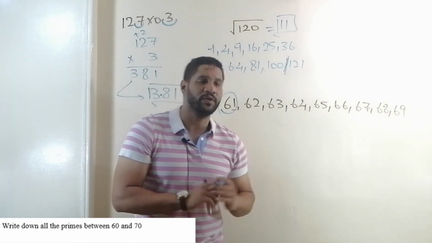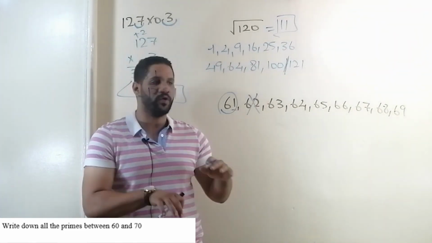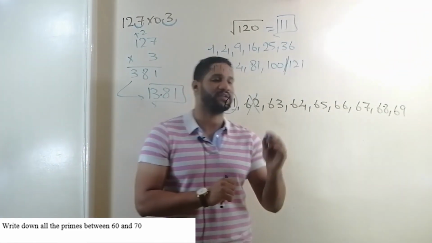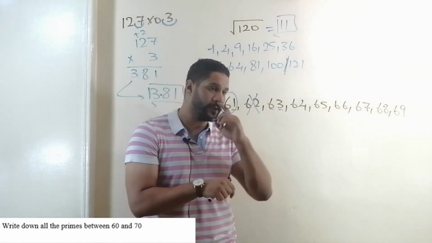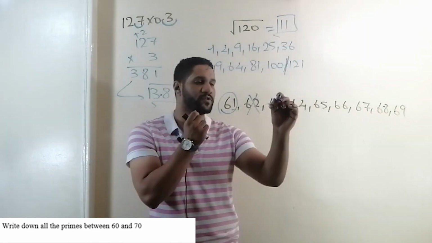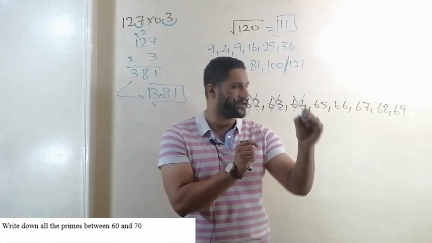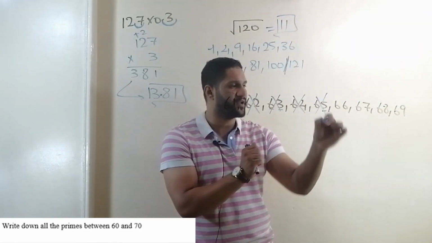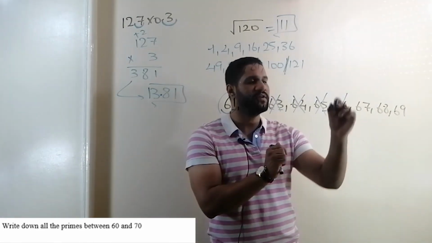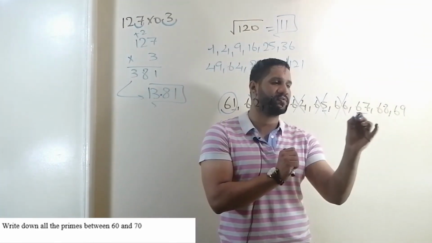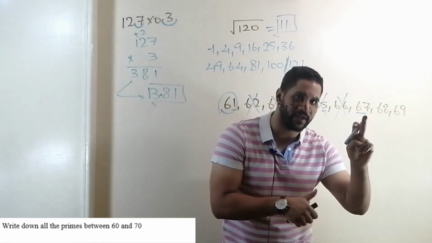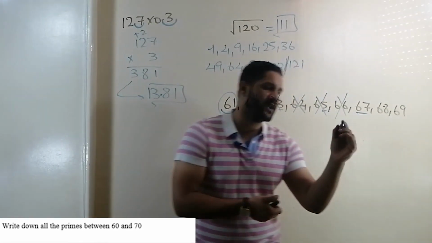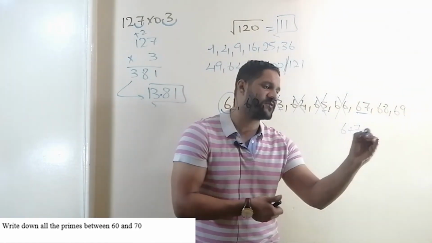If you look at 62, even numbers are not prime at all. 63 is divisible by 3: 6 plus 3 gives me 9, so it's not prime. Even numbers are not prime, and numbers ending in 5 are not prime. 66, even, not prime. 67, let's wait a bit. 67 is not even, so let's see if it's divisible by 3. 6 plus 7 gives me 13.